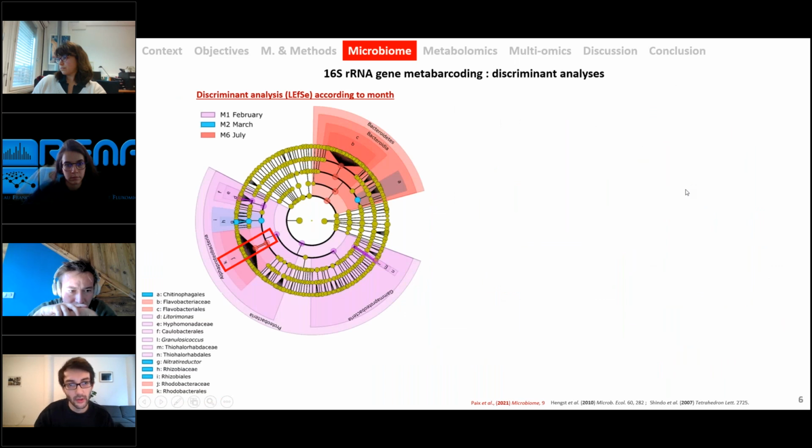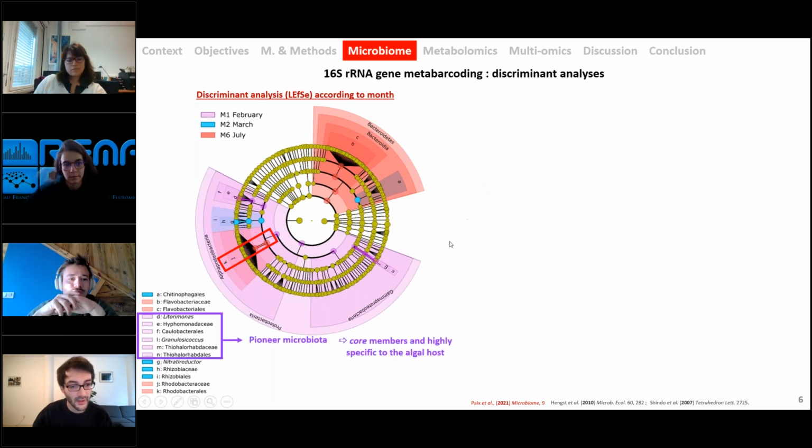If we look at the taxa which are discriminant according to the different sampling months, we can find first the taxa which are really specific for the first life stage of the algae in February, which is a really pioneer microbiota. And this microbiota is actually known to be core members and highly specific to the host.